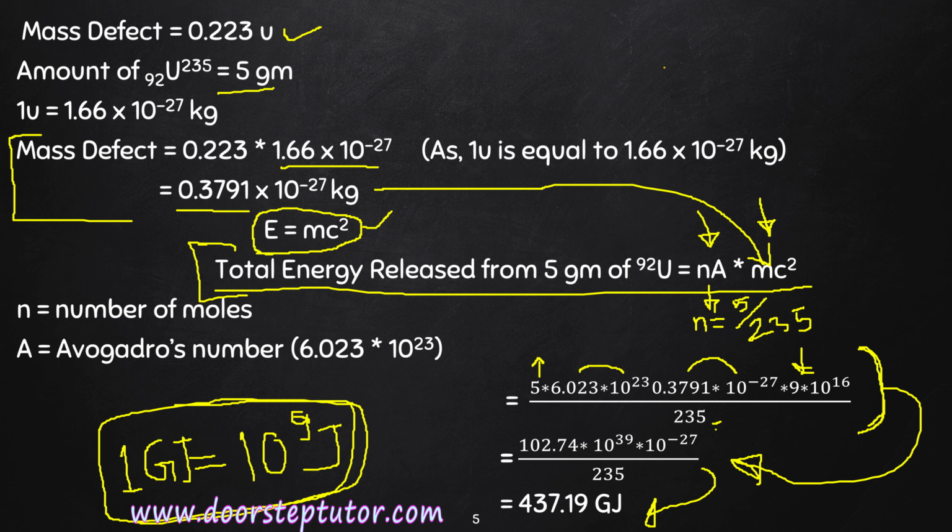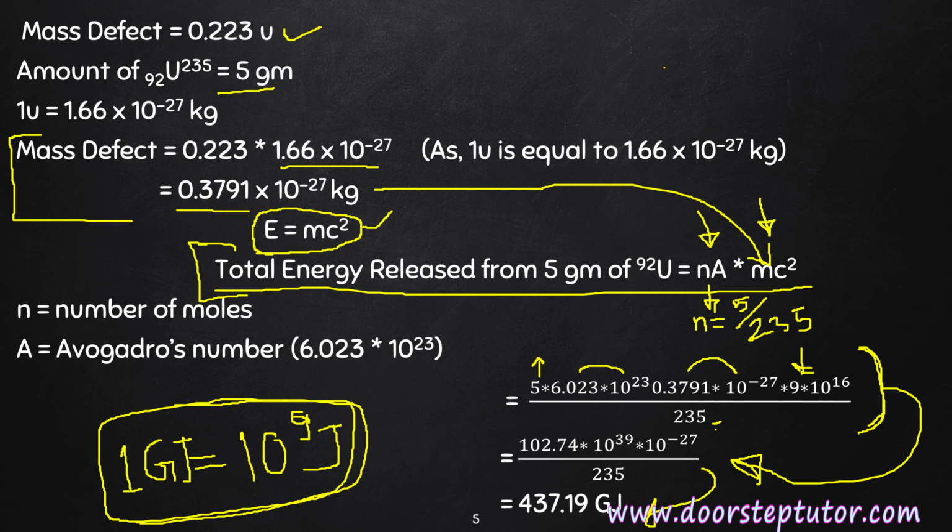Now we put this together and multiply, and we'll get the value. The given weight of uranium 235 is 5 gram. 5 multiplied by Avogadro's number into the mass defect into the speed of light squared, which gives 9 into 10 to the power 16, divided by 235, the molecular weight of uranium 235.